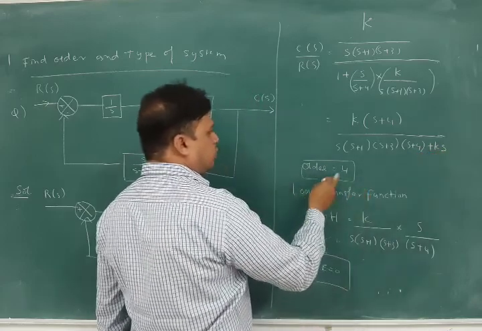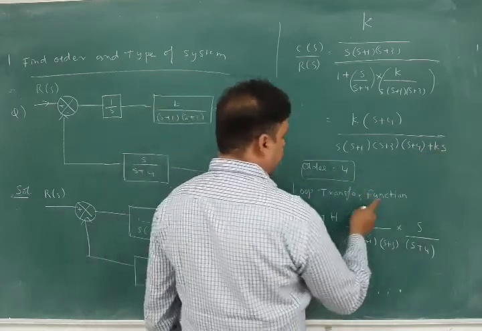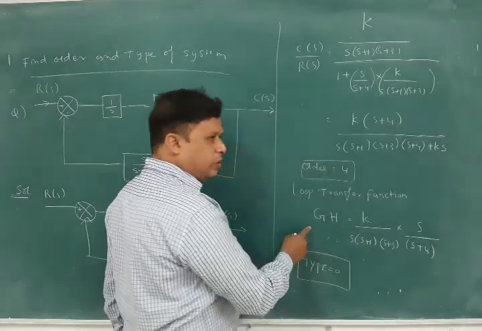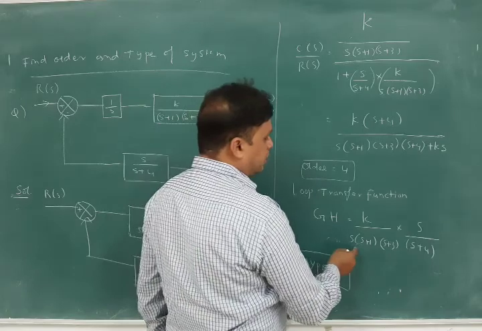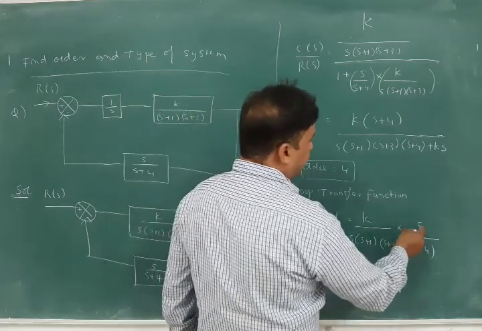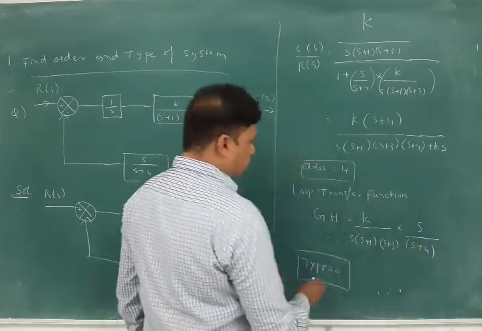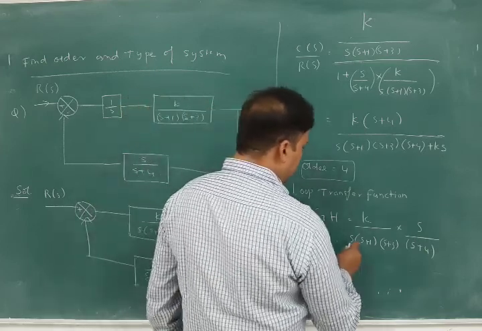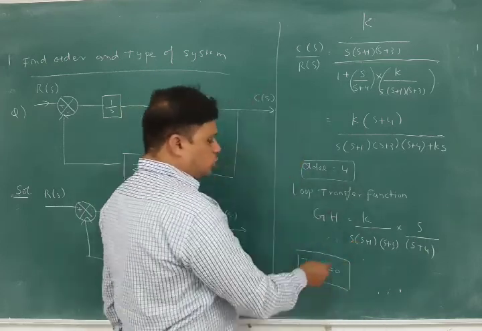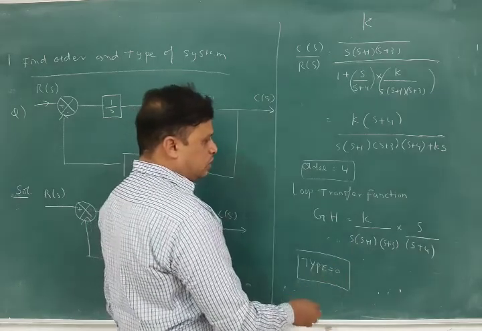So the order is equal to 4, and from that, the loop transfer function is equal to G into H. As I told you, G into H is the loop transfer function. G into H is equal to K by s into (s+1) into (s+3) into s by (s+4). So if you see here the loop transfer function, what is the type? Type is equal to 0 here. Why?